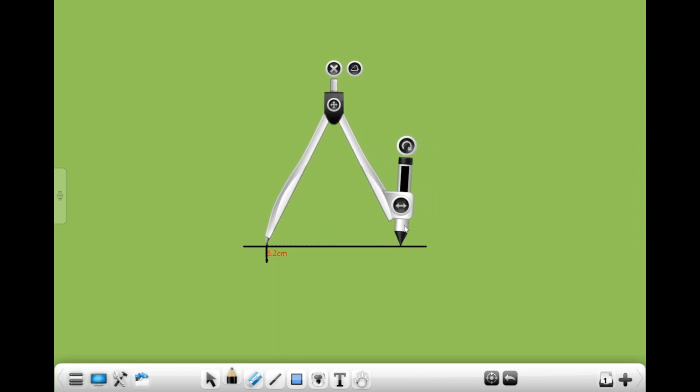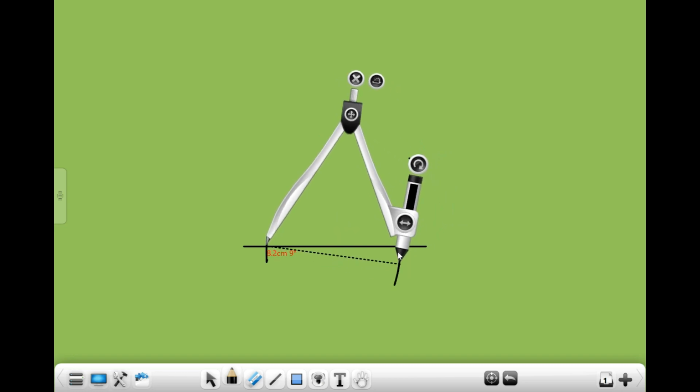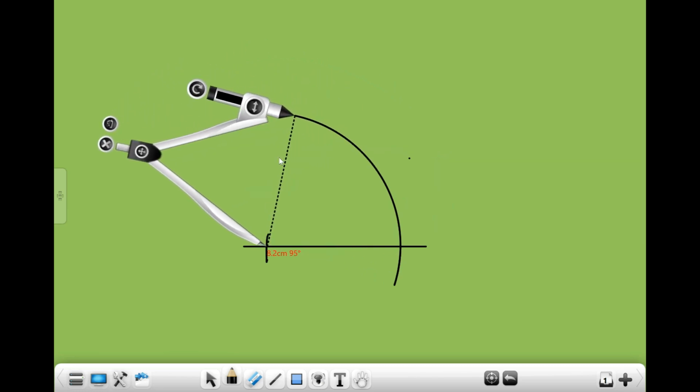The arc has to be at least about a quarter of a circle. You know a circle, right? If this is a circle, a quarter of it. You have to draw that length.